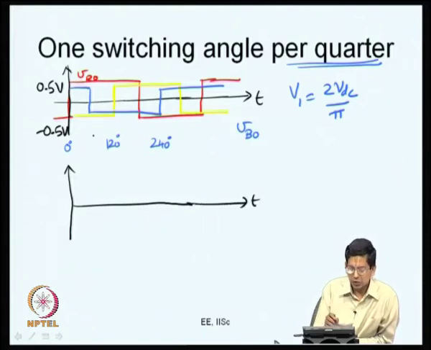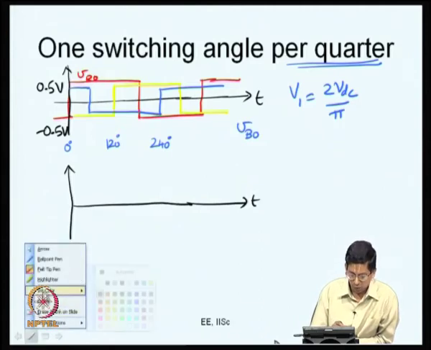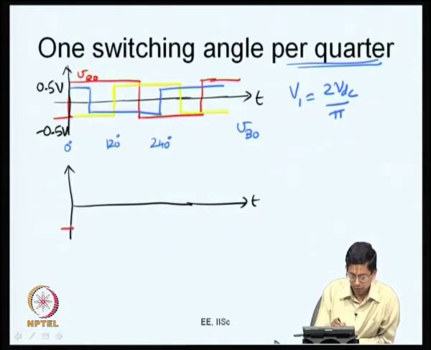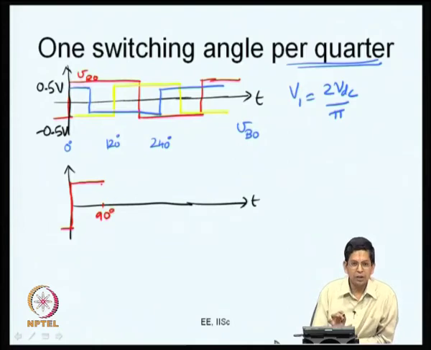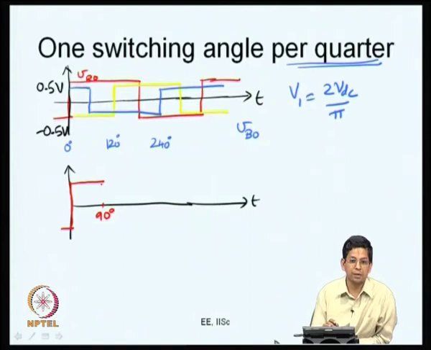Instead of drawing the entire waveform, I can draw only one quarter. It is negative just before 0, and at 0 it switches from low to high, and then it is high up to 90 degrees. If I draw this much, it is enough, because the waveform has quarter wave symmetry.